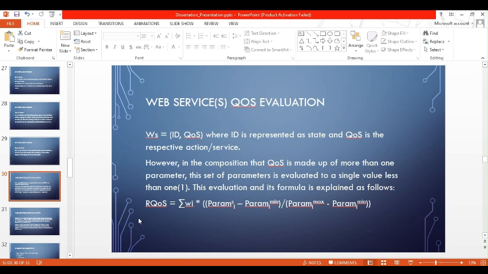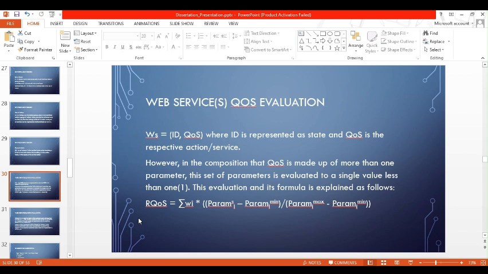Now, as for the QoS evaluation, to define our QoS in our system, we can say that it has to be the service name and the QoS of that service.